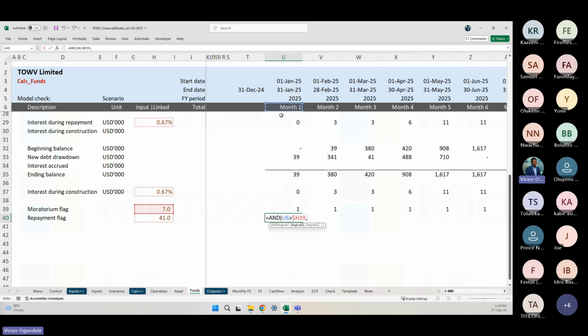And then the month up here should also be lesser than or equal to, I'll need to open a bracket, my moratorium period plus my repayment period. Close the bracket 2 times and press enter so I can multiply it by 1.